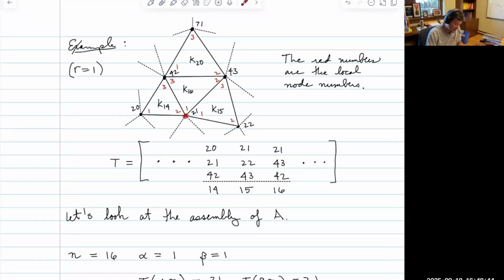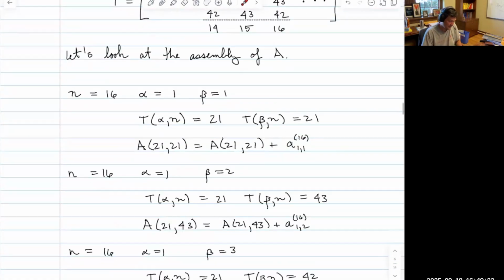A21,43, well, there's 21, and it has this support, right? And where's 43? 43 is this guy here, which has these triangles as its support. So let's take the intersection of the supports of those two. That's what's important for computing this global entry. Well, these two triangles are going to appear in the intersection of the support for 21 and 43. So it's over these two guys that we need to take a computation in order to compute A21,43.